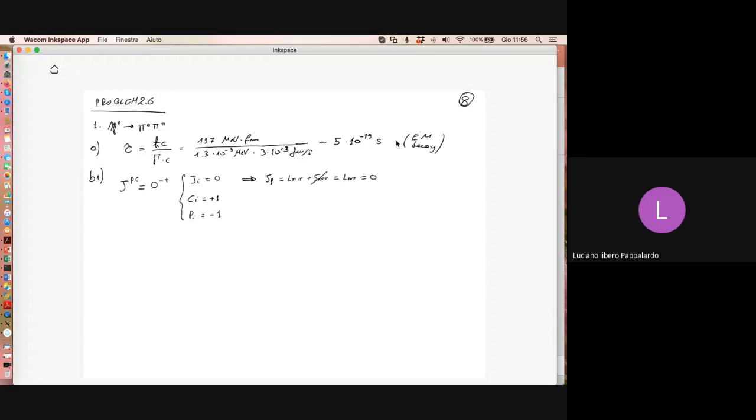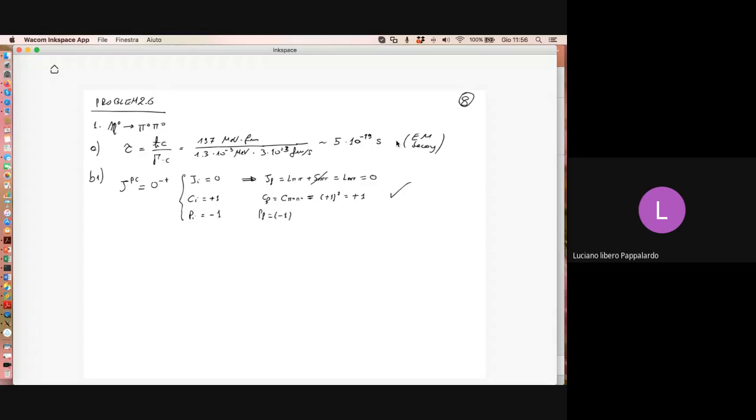What about now the final state charge conjugation? This is the charge conjugation of the pi0 system, and as we have seen, pi0 are eigenstates of C with eigenvalue +1. So this is +1 squared, that is a +1. And so it is the same as the initial one. Okay, CF is equal to CI. What about parity?